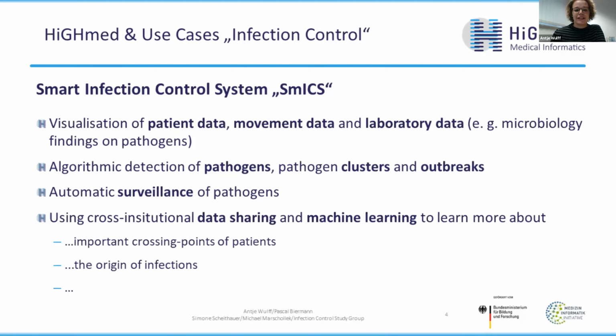And altogether, it should deliver support in the automatic surveillance of pathogens. Of course, we also want to use the cross-institutional data sharing framework Birger presented, and we also want to use some machine learning to be able to learn more about important crossing points of patients and also the origin of infections, because it's very difficult to find them sometimes.